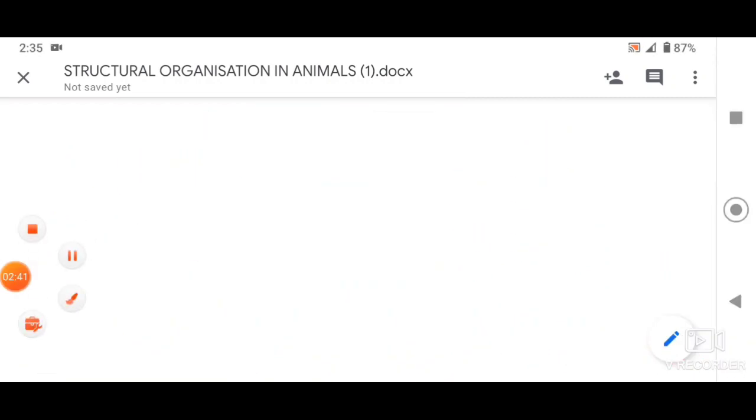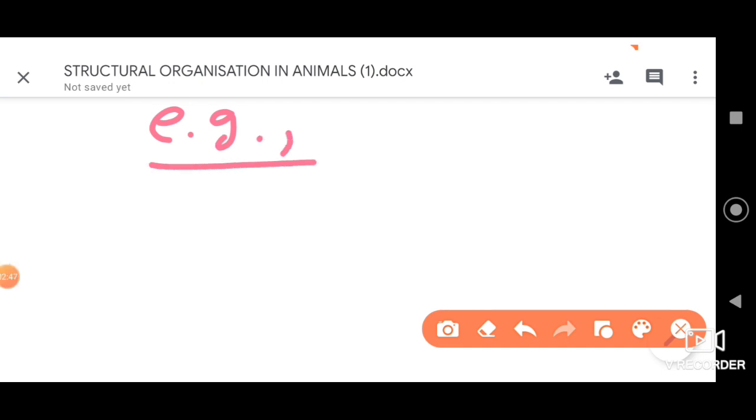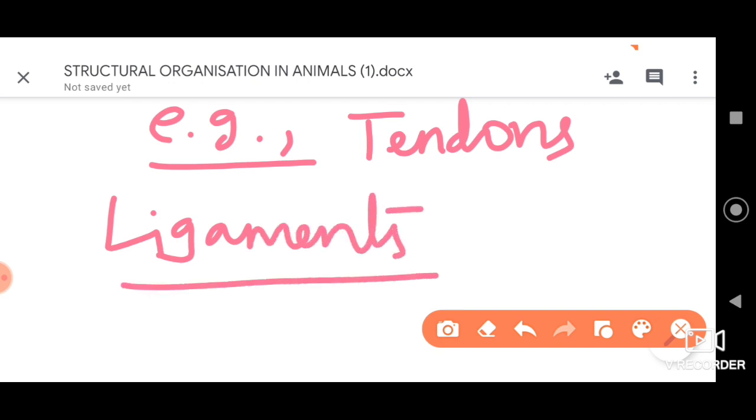For the dense regular connective tissues, we have two examples. The first one is the tendons, and the second one is the ligaments. So these two are regarded as dense regular connective tissues.